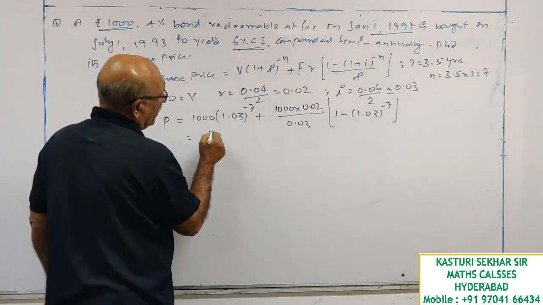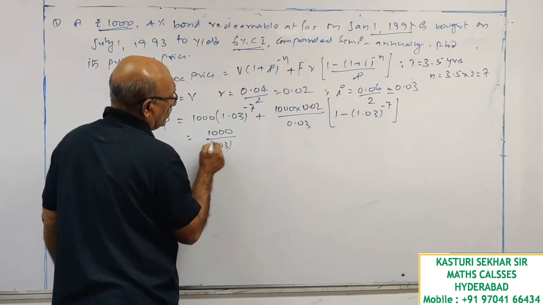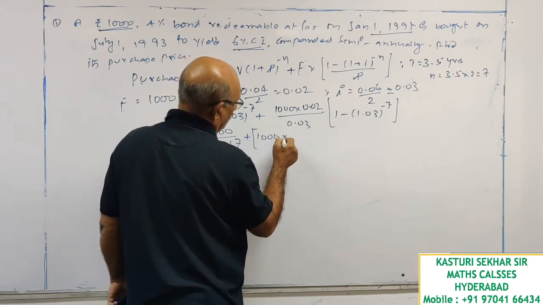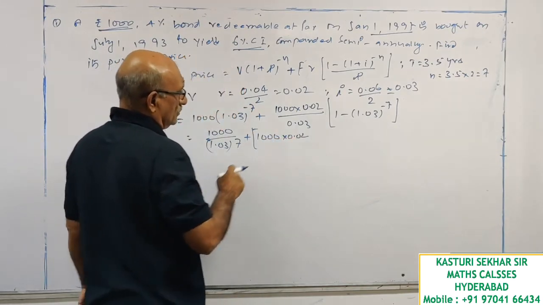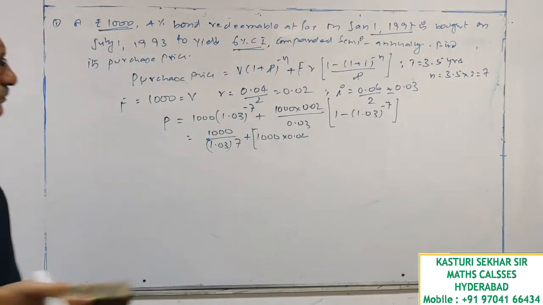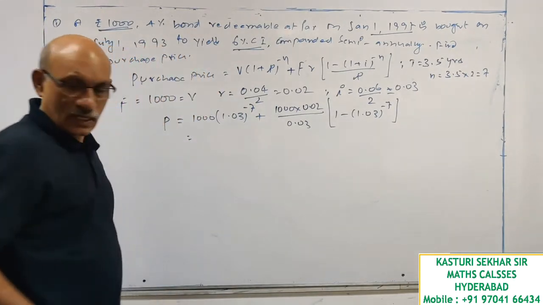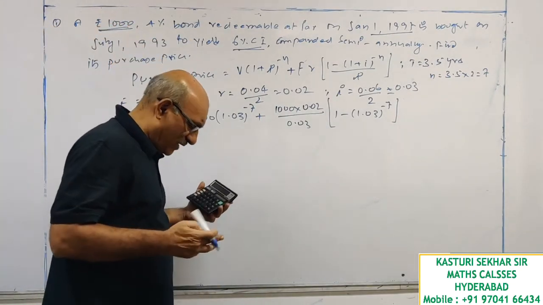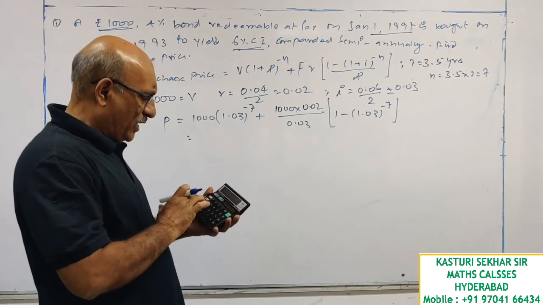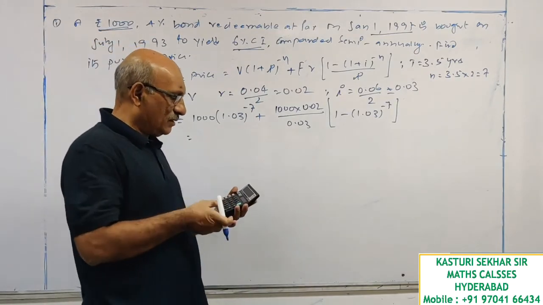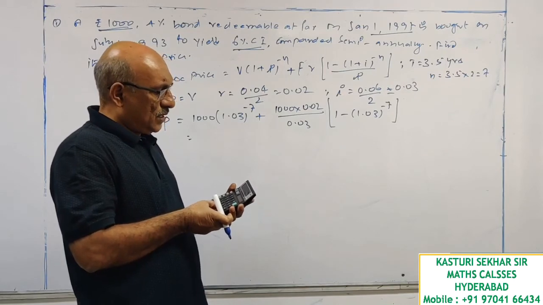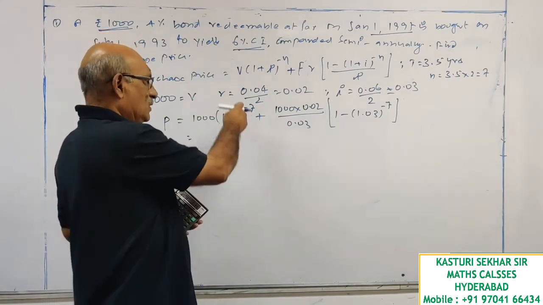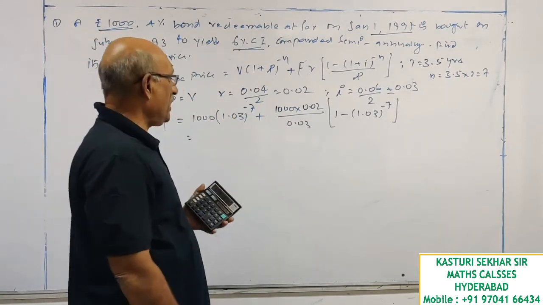So this is equal to 1000 divided by 1.03 whole power 7, plus 1000 into 0.02 divided by 0.03 into (1 minus 1.03 whole power minus 7). Look at this, 1.03 should be raised to 7. Press the plus is equal to sign till the left hand side corner number becomes 8. So it is 1 divided by 1.03 whole power 7.